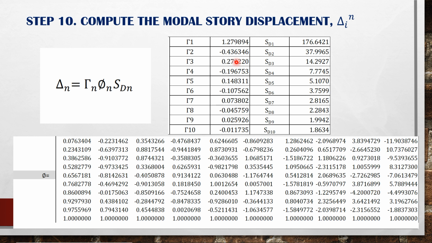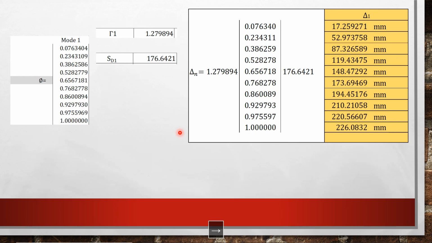After we compute that, we can solve for the modal story displacement by multiplying it with our spectral displacement. So using that formula, and plugging the givens into this formula, we can solve for our modal story displacement.